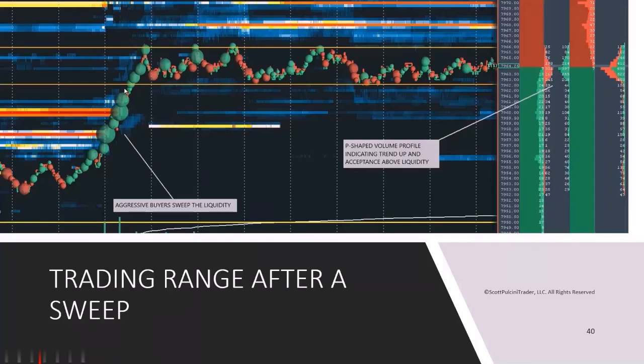You'll find that the price tends to stop and create this balanced volume profile and acceptance around this area. And you want to look for long entries at the low volume nodes, when there's a lack of volume around here. That's where you want to look for long entries.